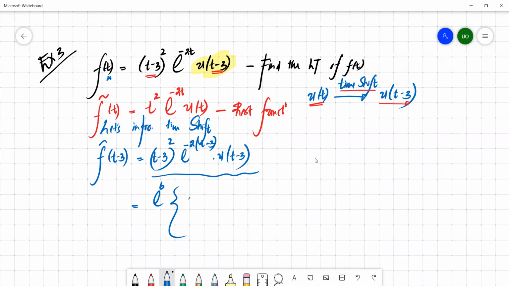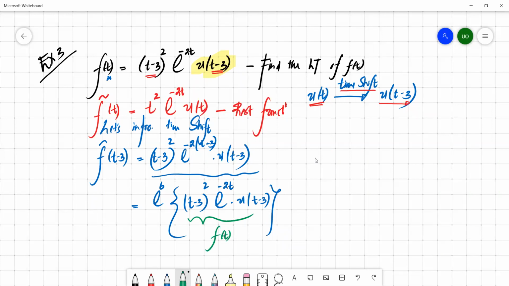Then we have (t minus 3) squared e to the power minus 2t u(t minus 3), and this is actually our f(t). So from this we can claim that f tilde (t minus 3) into e to the power minus 6 equals f(t).